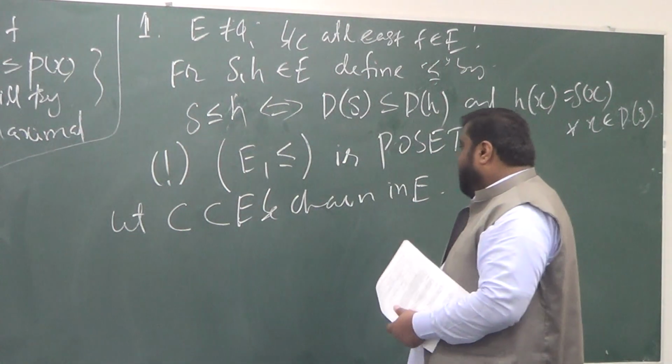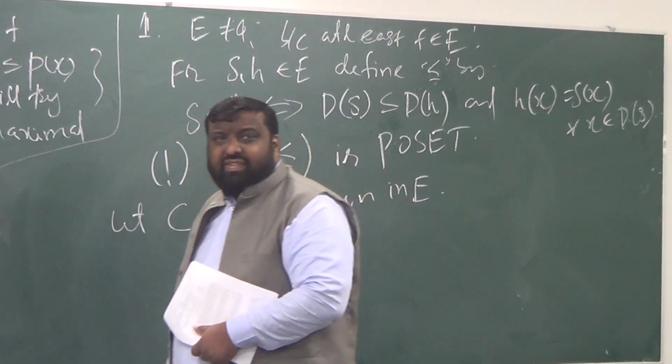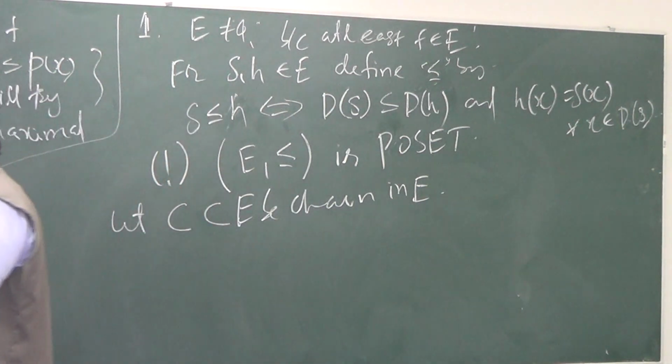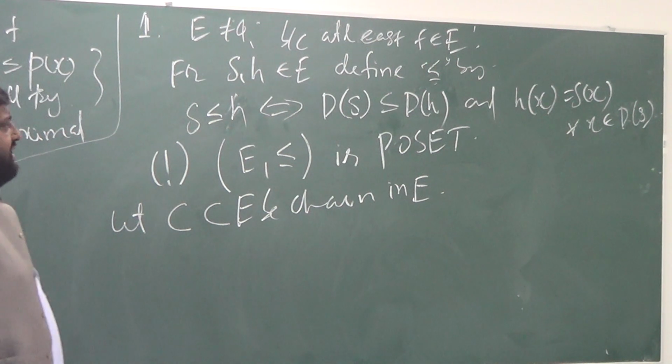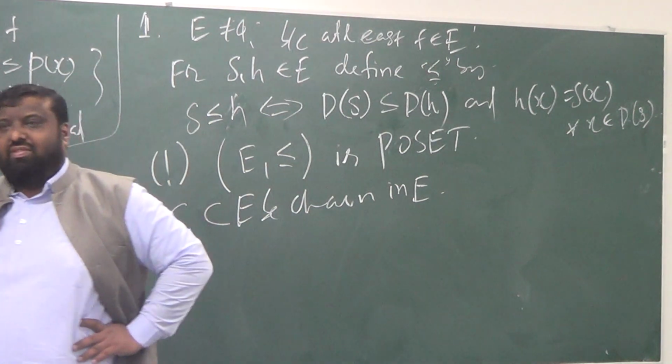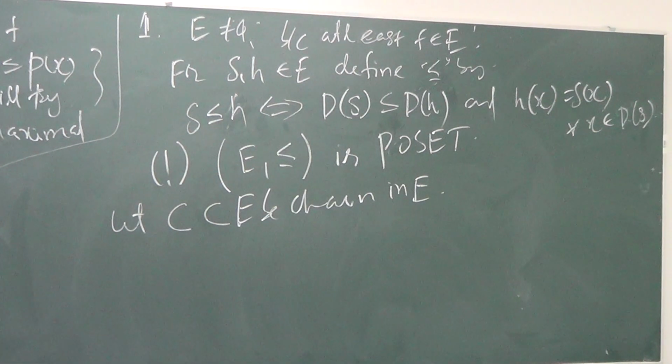If this is the case, I would like to say, what would be the function? So how can I construct an upper bound for this? Give me an idea, think about it.